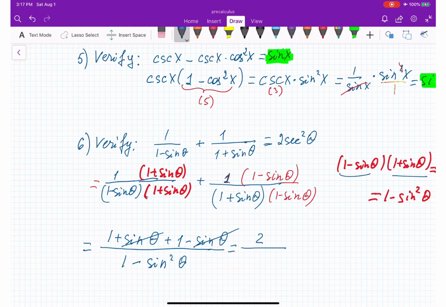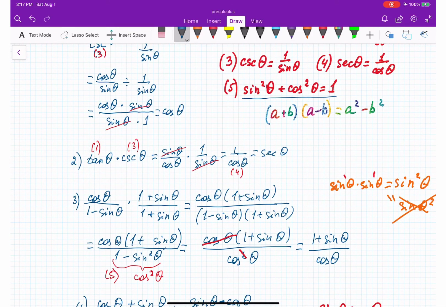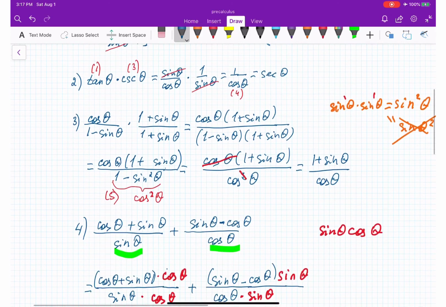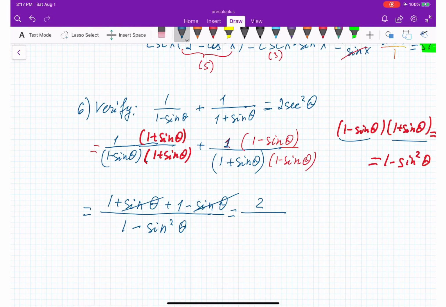Now this one, 1 minus sine square theta, we are using formula 5 because sine square plus cosine square equals 1. And so from here, 1 minus sine square, it's going to be cosine squared theta. So we are going to get cosine squared theta.